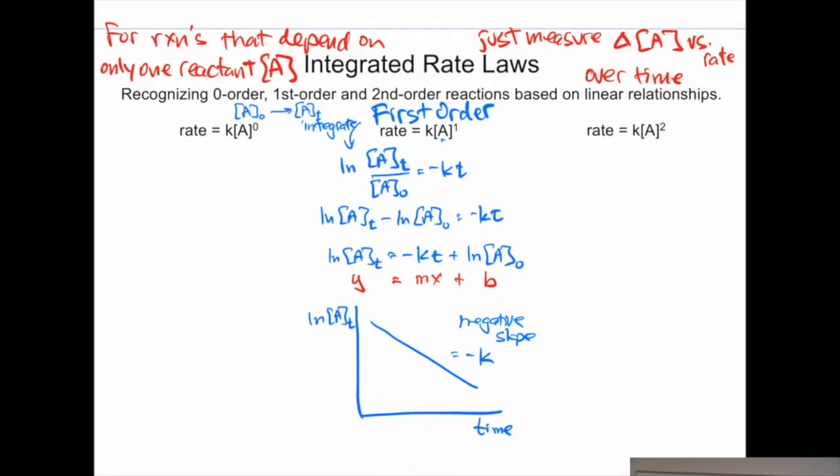Really, it's just the changing concentration over time that we're measuring. And you plot it out, and you do some linear regression, and you see, is it a straight line? If it's a straight line, and the data that you've plotted is the natural log of A versus time, and it's a negative slope, that's consistent with it following first order rate kinetics.